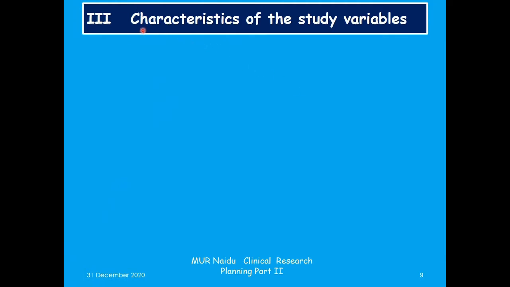This particular slide, characterization of the study variables, is very important because that will direct the type of study design which you are going to consider for your clinical research.